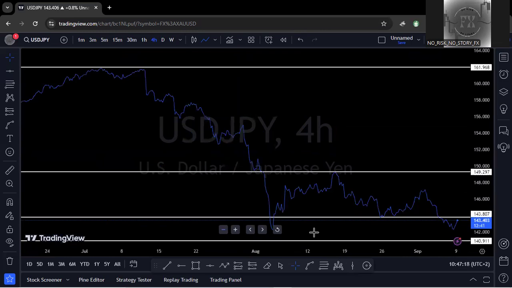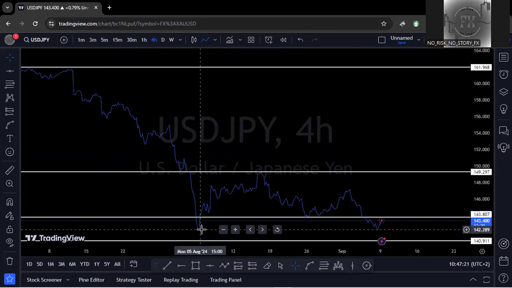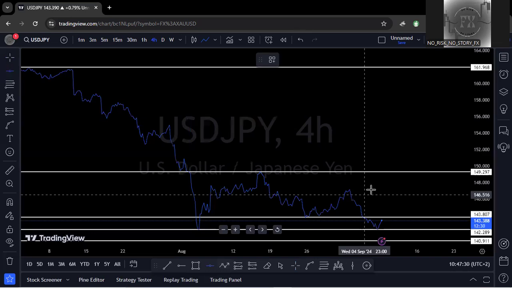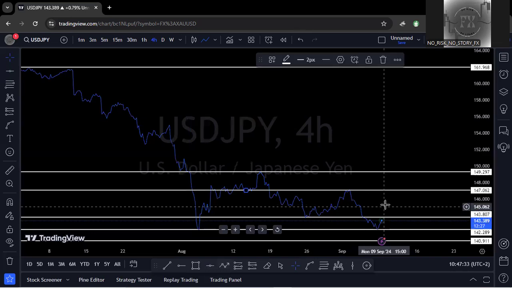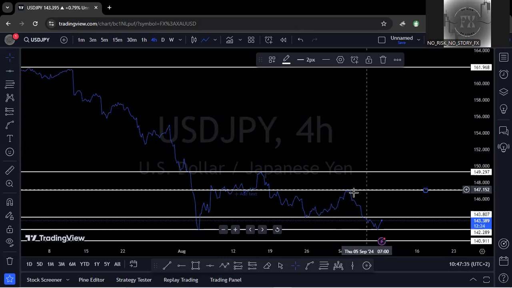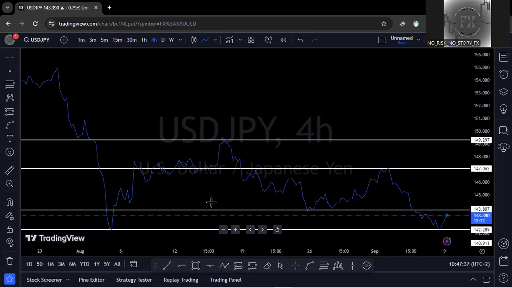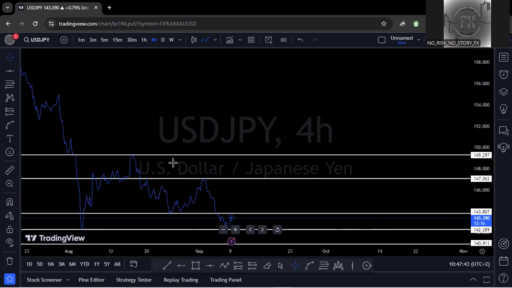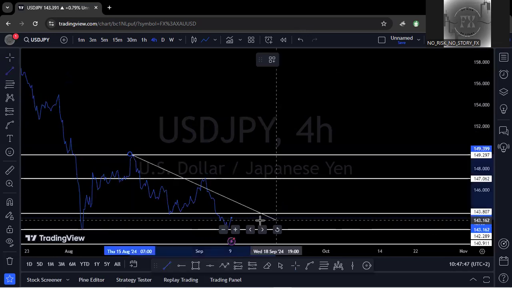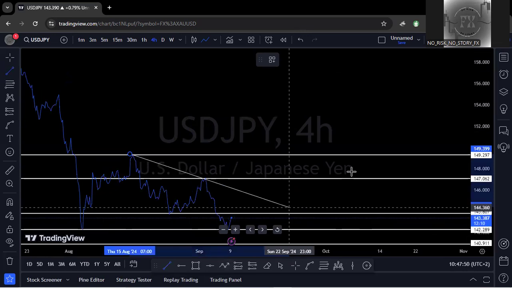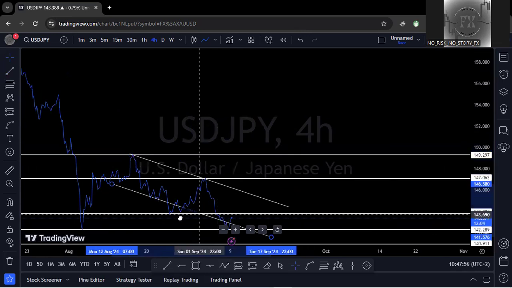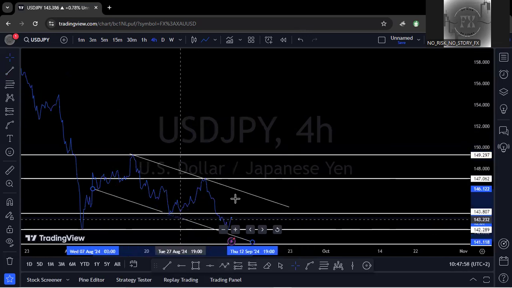Then I would like to also highlight this structure point here, where the market turned. I like to highlight this one, and also these areas around here. Now I can see that we have this current bearish trend, if I can say.